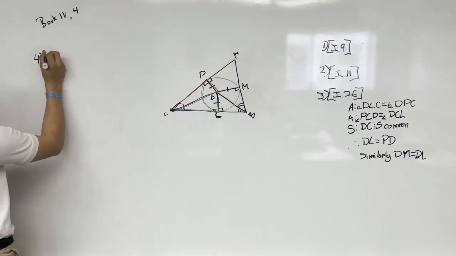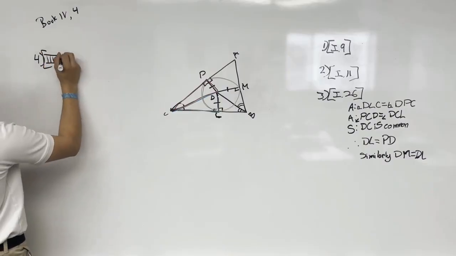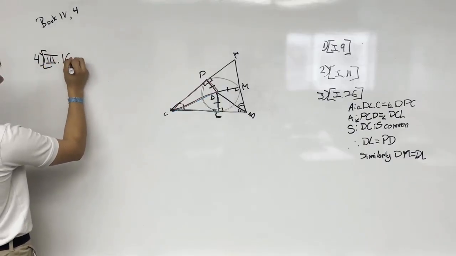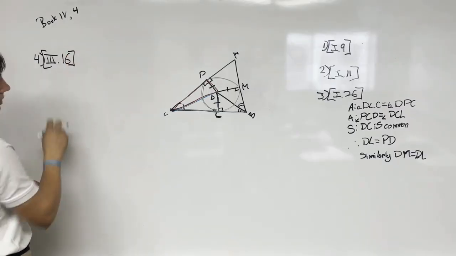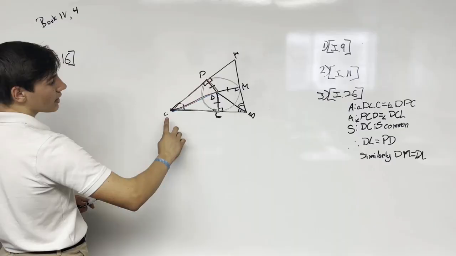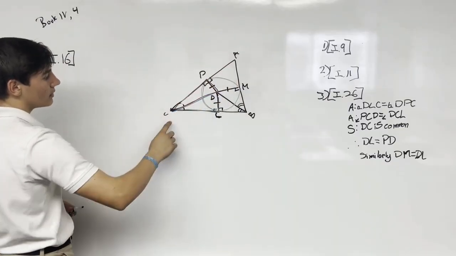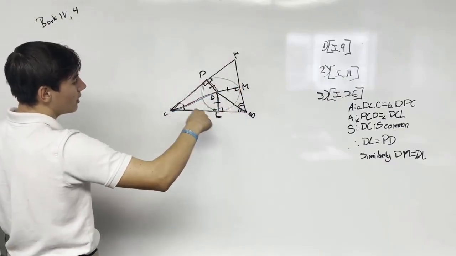Using Book 3, Proposition 16, we know from the porism of this proposition that this circle cannot cut any of the lines of any of the sides of the triangle, namely CB, AB, and AC.